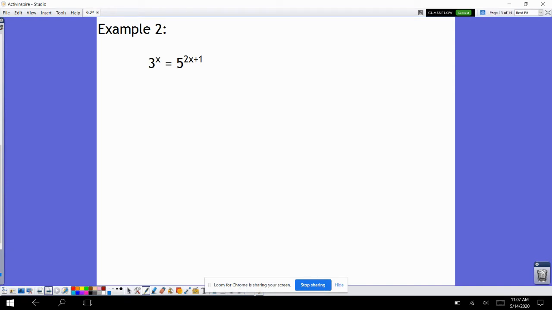Again, you can choose the common log or the natural log, as long as you use the same thing on both sides of your equation. I'm just going to work with the natural log because it's easier and it's one less letter to write. So we have the natural log of 3 to the x is equal to the natural log of 5 to the 2x plus 1.